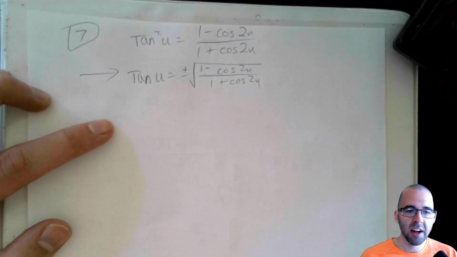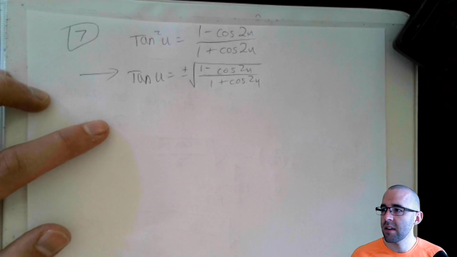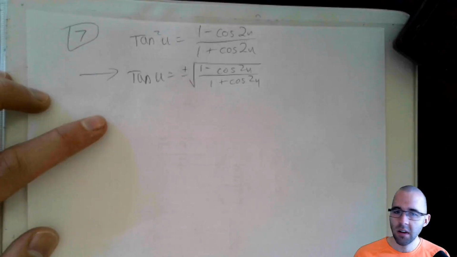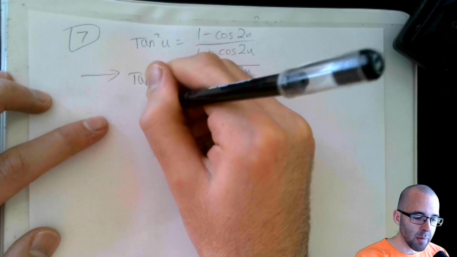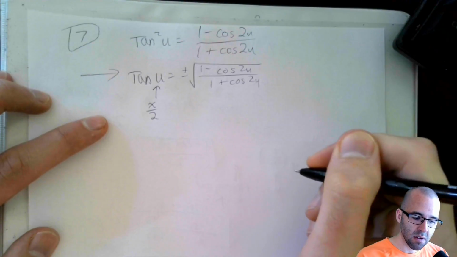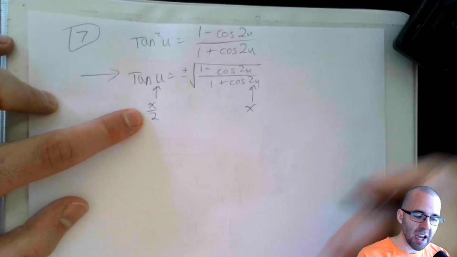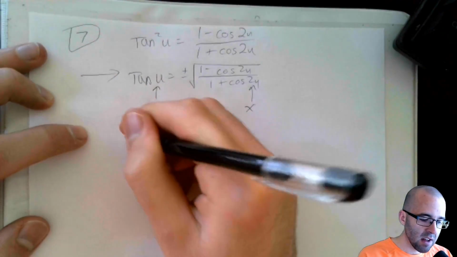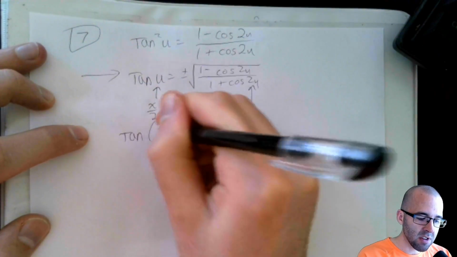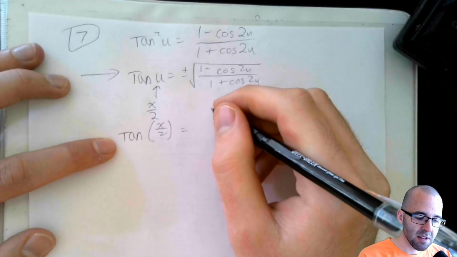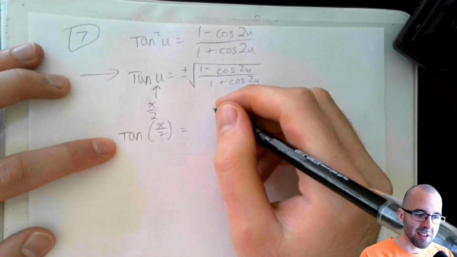So what do we have, right? In our problem, we were asked, what is the tangent of x over 2? So u is going to be x over 2. Then 2u is double that, which is just going to be x. We get that the tangent of x over 2 is equal to plus or minus what sign?